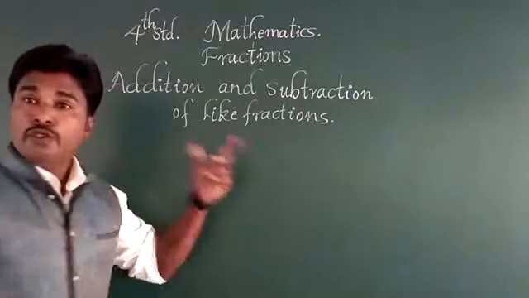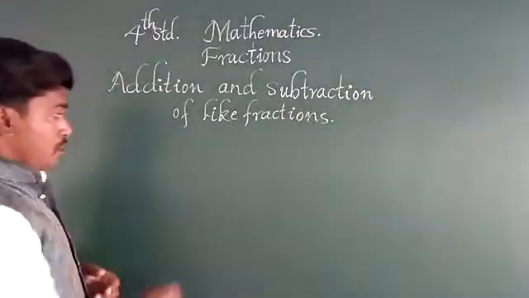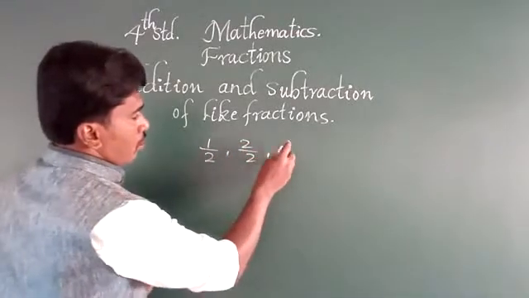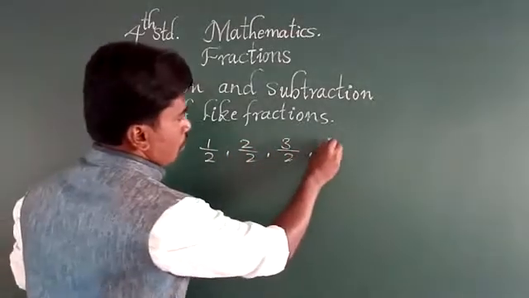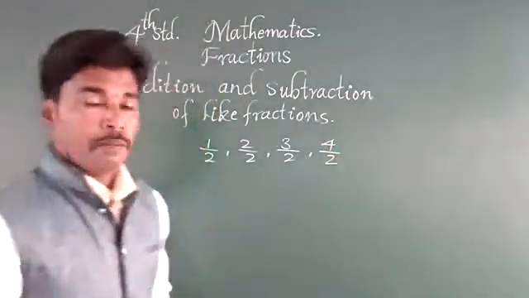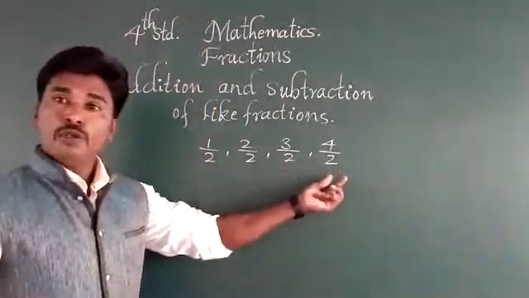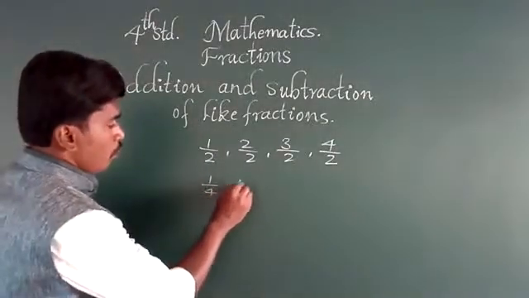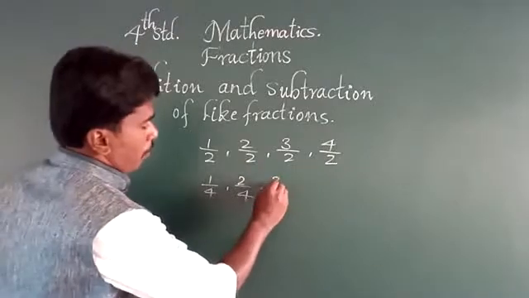Dear students, first you should know about like fractions. 1 by 2, 2 by 2, 3 by 2, 4 by 2. These are all like fractions because the denominator is 2 only. 1 by 4, 2 by 4, 3 by 4.